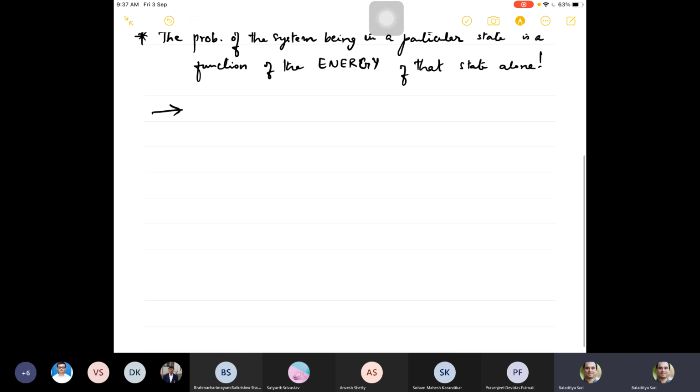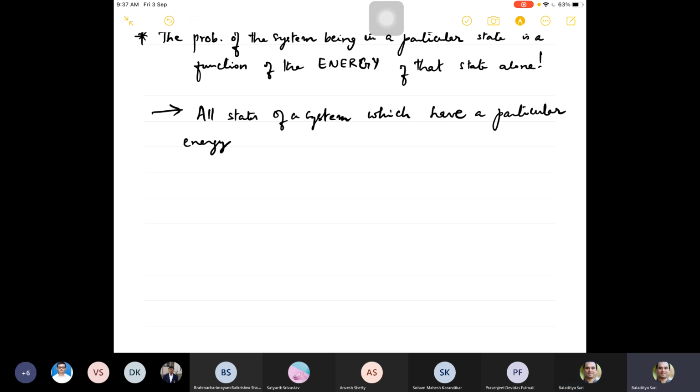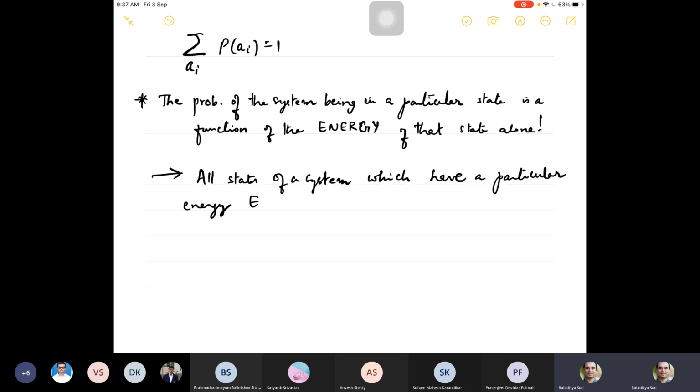A very immediate corollary is that all states of a system which have a particular energy E have the same probability.